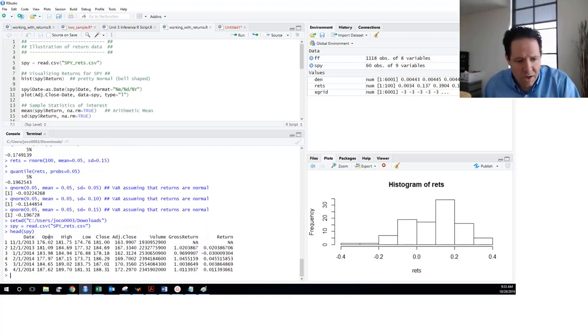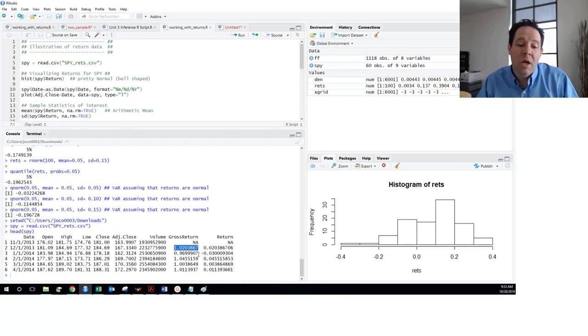There's the date, open, high, low, close, adjusted close, volume, and then some columns that I added when I downloaded this into Excel and wanted to compute the returns. First, we computed from month to month what the gross return is. That is just the ratio between the current price and what the price was last period.